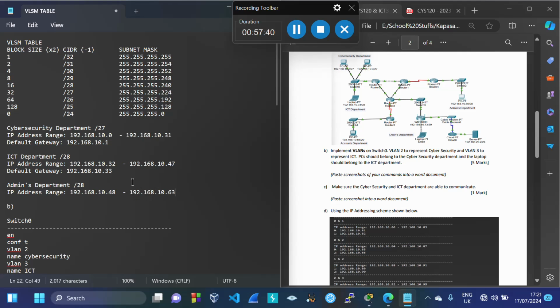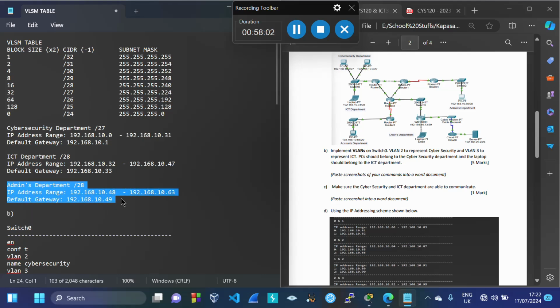So this is going to represent the admins. Then let's see the default gateway. The default gateway can be 49. No wonder this 49 is the default gateway, and the IP address for this admin device is .50. Now it makes sense.